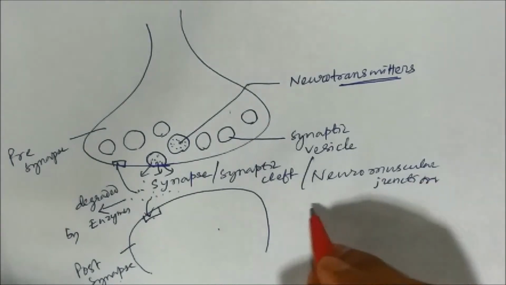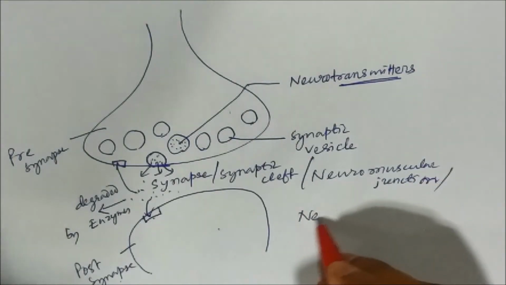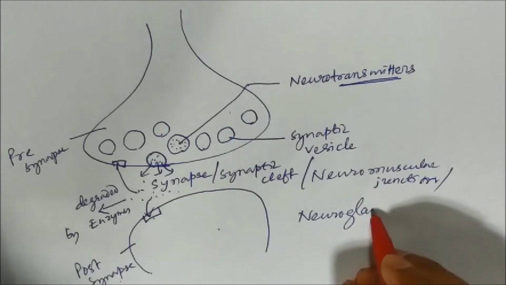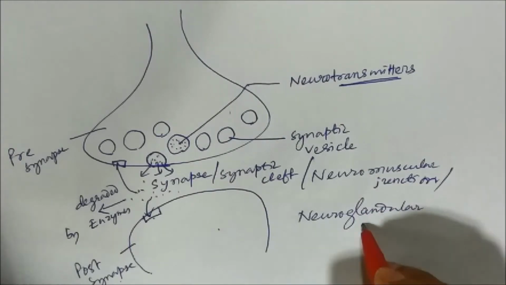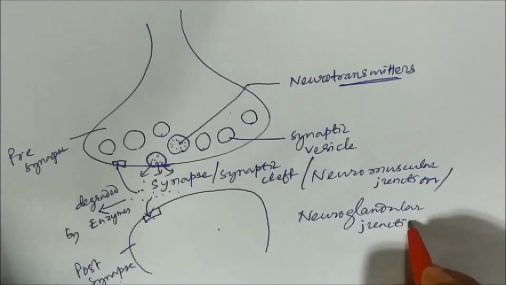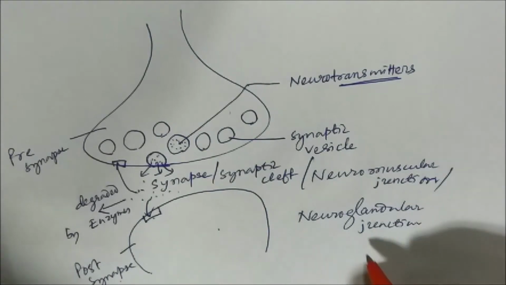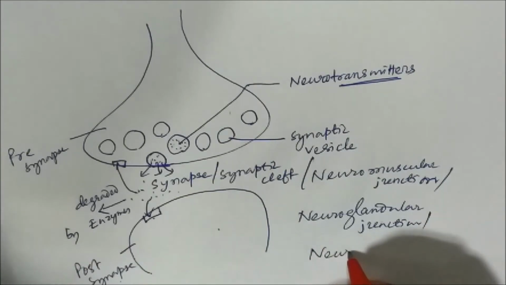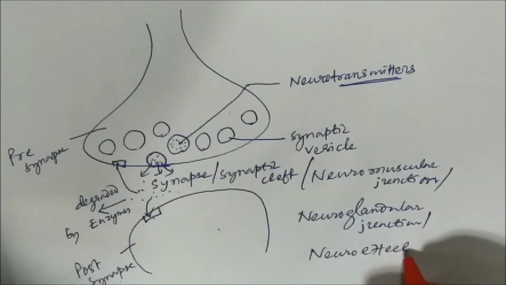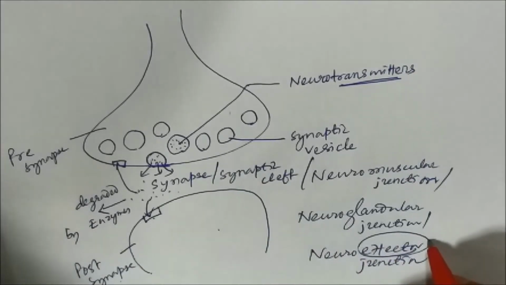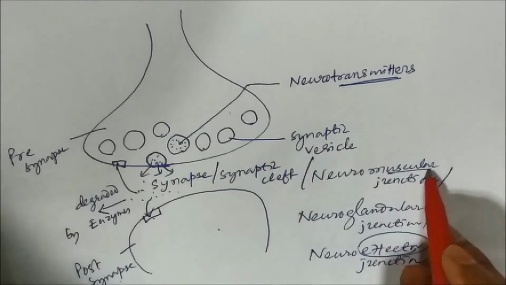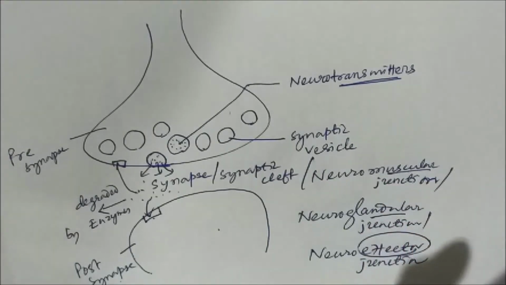Also, if this is a gland, then this is called the neuroglandular junction. Commonly we can call it the neuroeffector junction. This effector may be a neuron, a muscle or a gland, like that.